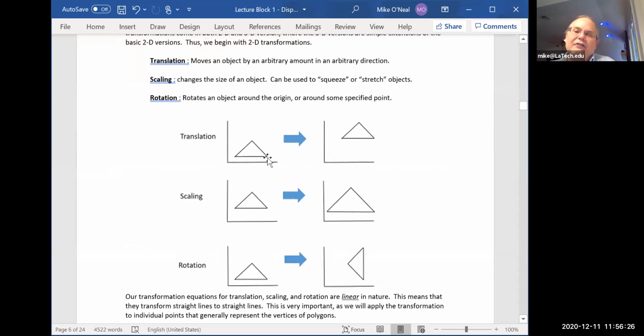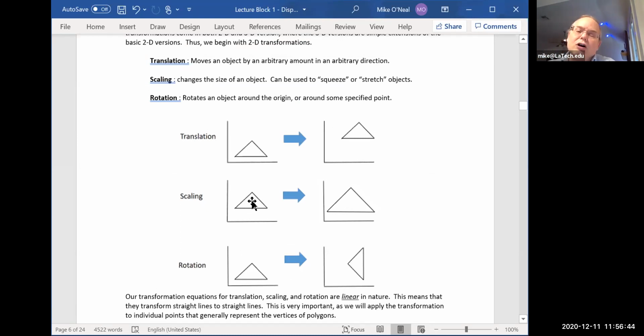So that operation is independent of where it started.